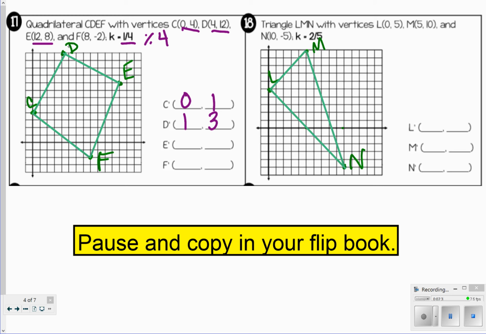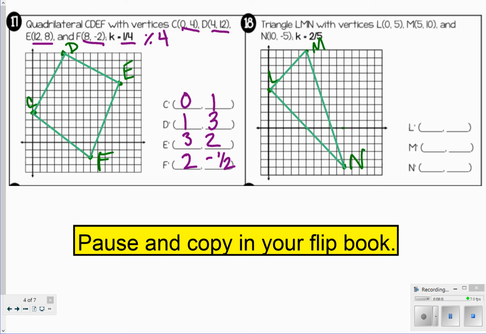And then we have E and F, so I'm going to go ahead and divide each of those by 4, and I get (3, 2) for E, and then I would get (2, 1/2) for F. Very good.